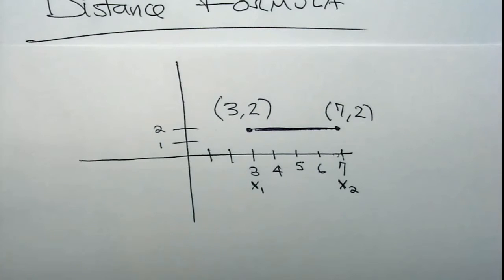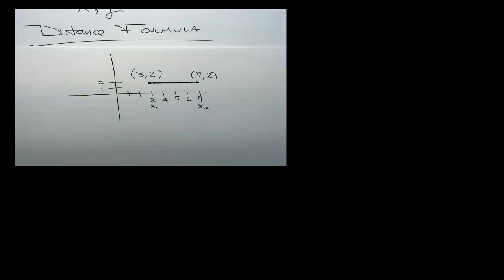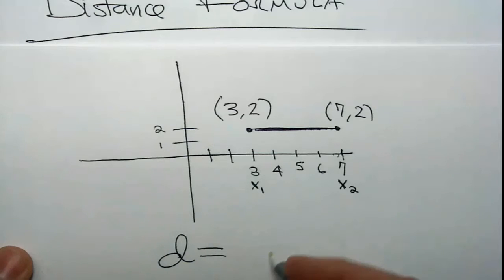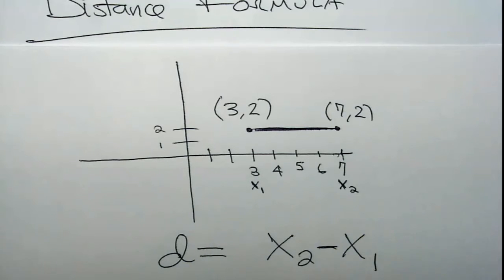Now I'll tell you it's pretty straightforward to do the distance when they're horizontally aligned like that, because the distance is nothing more than the difference of the 2 x values. But what if we get those in the wrong order? That's possible.